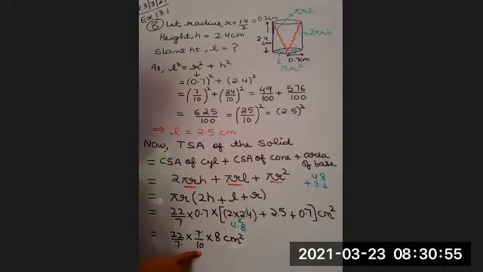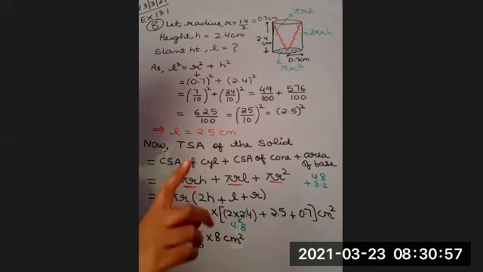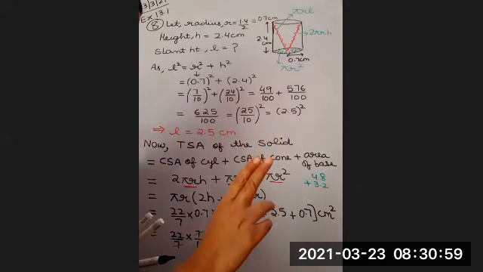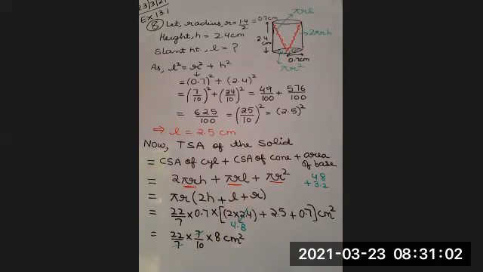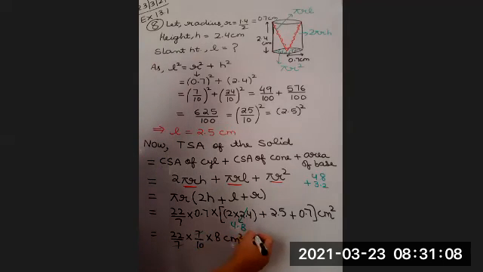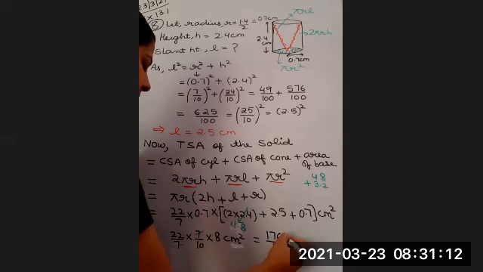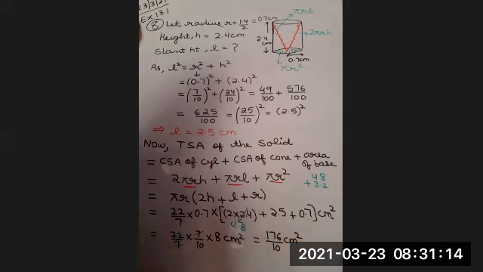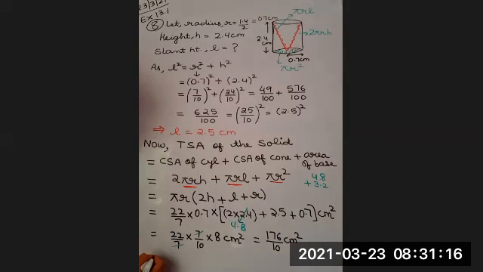Please do not fiddle with this 10 because the factors of 10 are 2 and 5, and we do not have 5 in the numerator. So let it be like this. 22 into 8 is 176, so 17.6 centimeter square. The answer is 17.6 centimeter square.